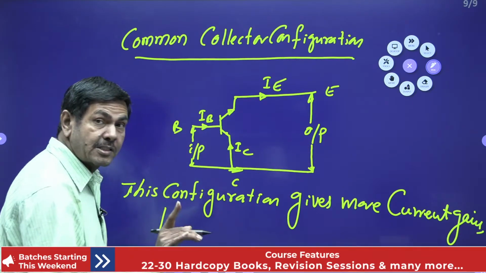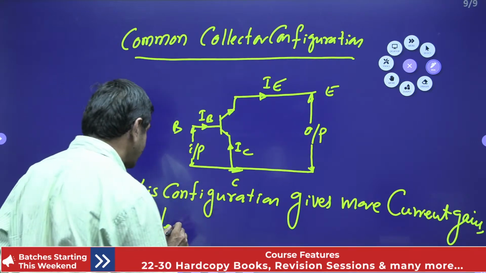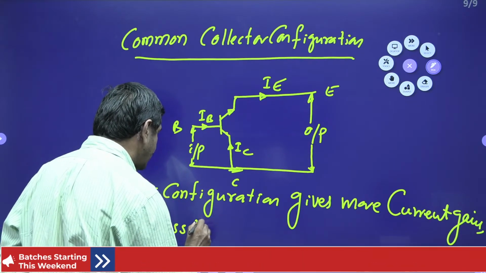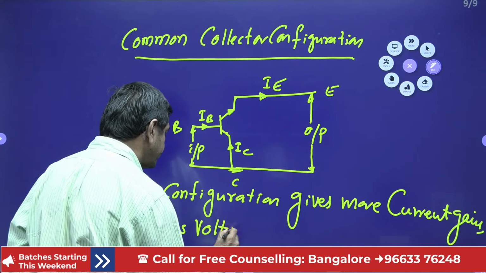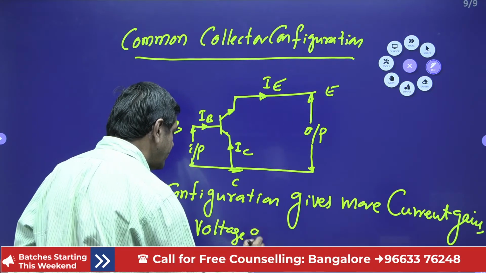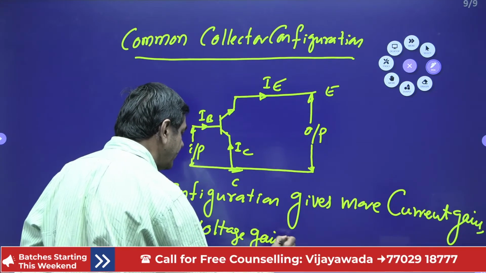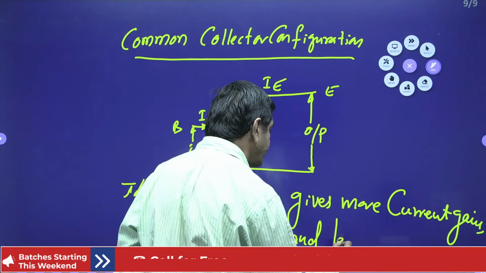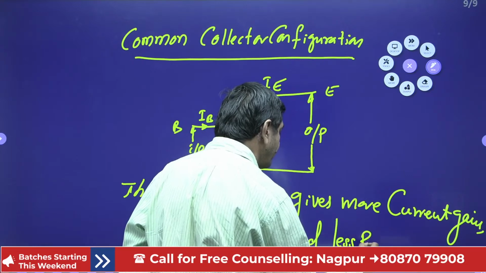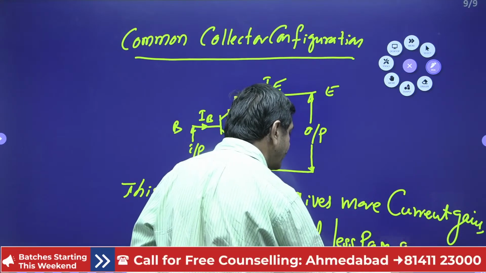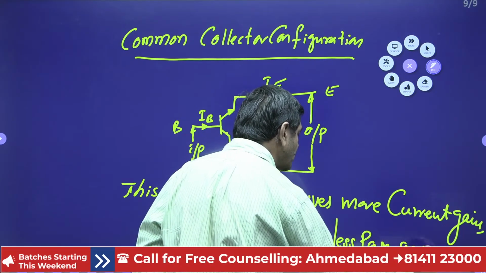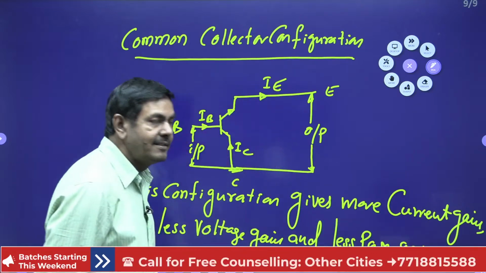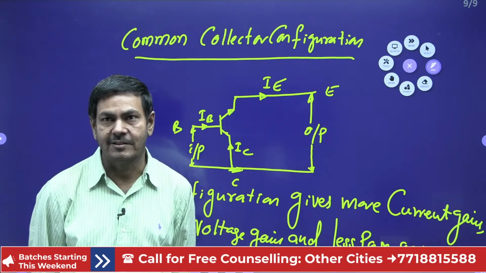Not moderate, less voltage gain only, must. Less voltage gain and less power gain. Then you can use this configuration, the common collector configuration only.